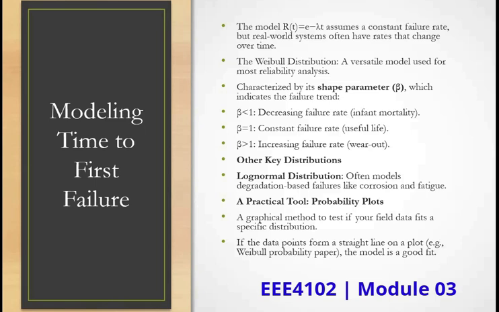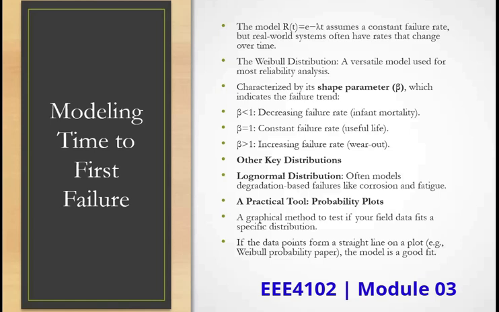So when beta is less than 1, the Weibull model describes a decreasing failure rate, which in this case represents the infant mortality stage, where early failures often occur. Let's say due to manufacturing flaws, it can be initial stress.